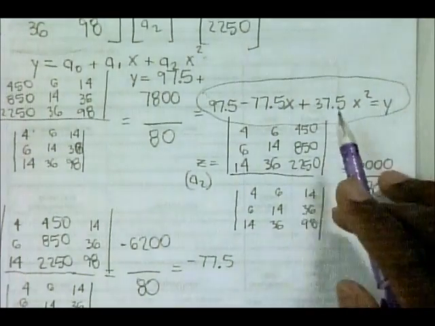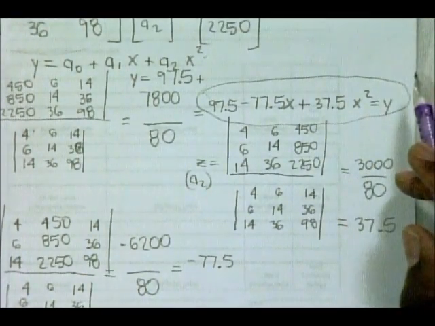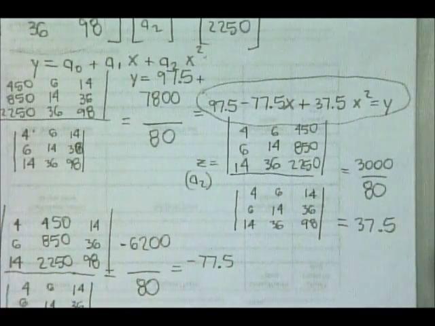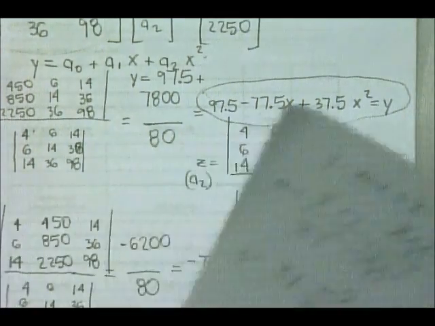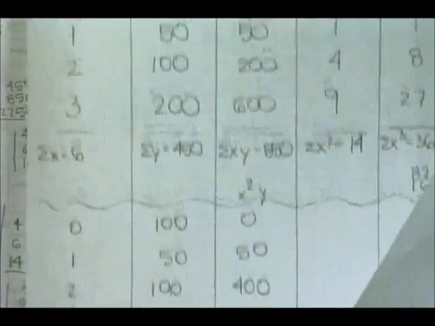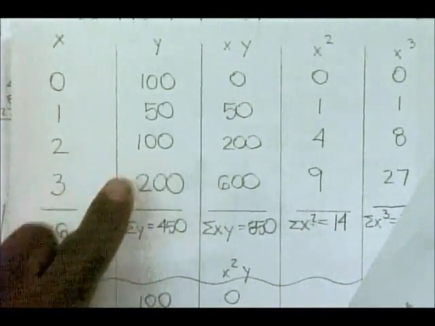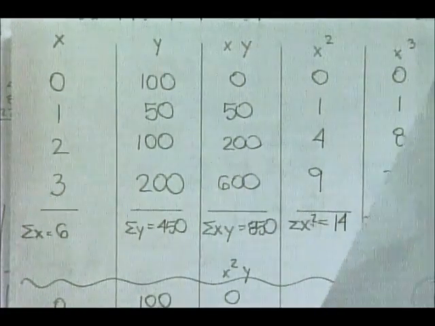This is the equation that best represents, let's go back to the data that I had plotted here. I had the points 0, 100, 150, 2, 100, and 3, 200.